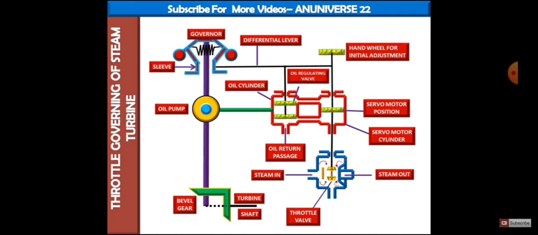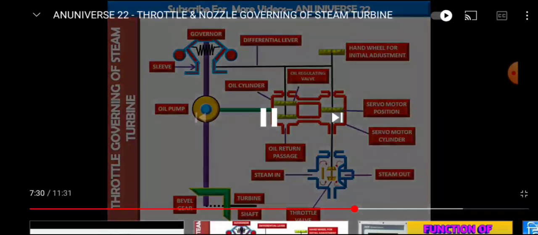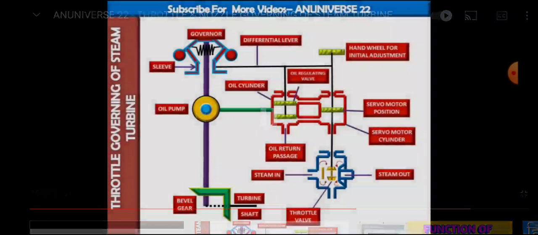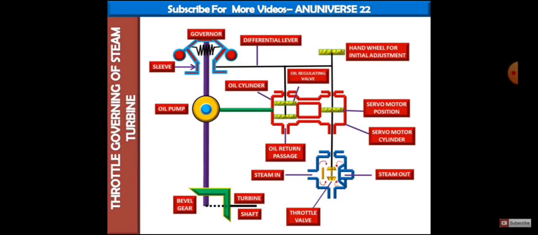The downward motion of the relay piston partly closes the throttle valve, causing the reduction in steam supply, and the reverse operation takes place when load on turbine increases. Throttle governing is simple in operation but thermodynamically inefficient as the available heat drop is reduced in the irreversible throttling process. So this is all about throttle governing.